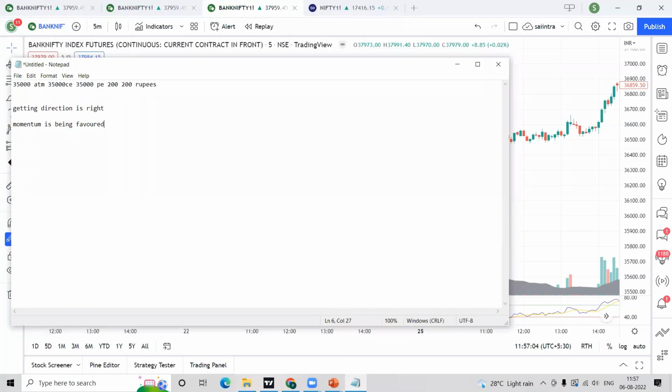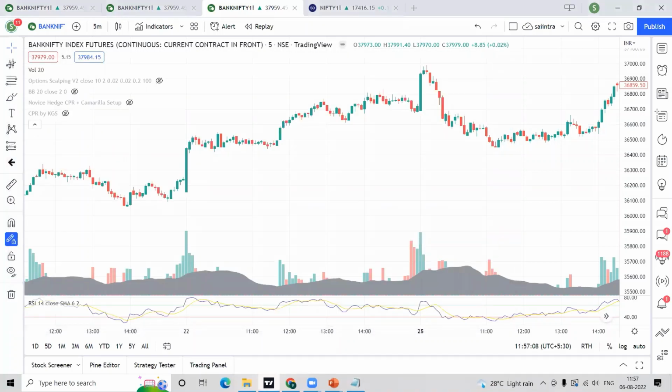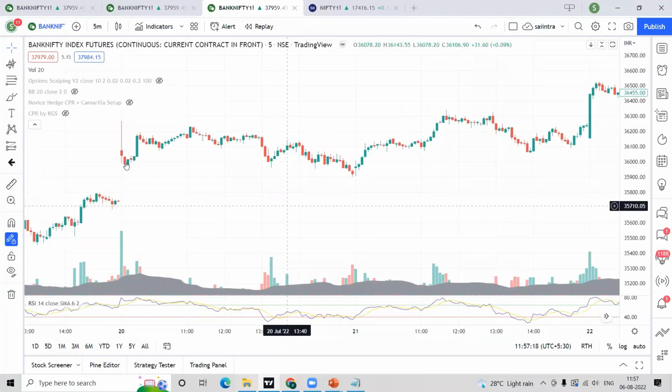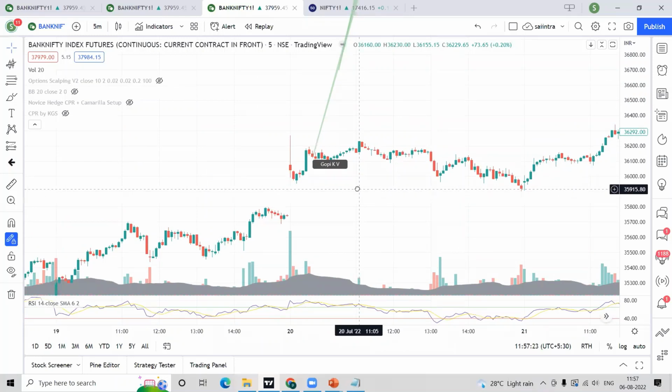I will tell you. I go to the same page. These are the 5-minute charts. Imagine that today is a very non-directional day.